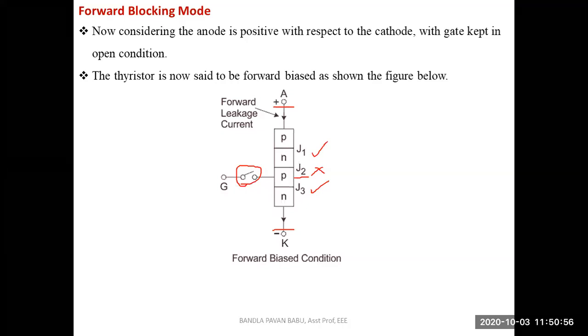So the gate circuit is opened, no voltage is applied. Only the anode is fed with positive and cathode with negative. In this mode, junctions J1 and J3 are forward biased, but junction J2 is reverse biased. Since it is in reverse bias, there is no flow of current from anode to cathode. Only a small forward leakage current flows through this mode.